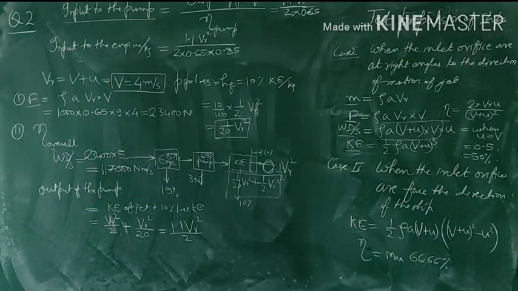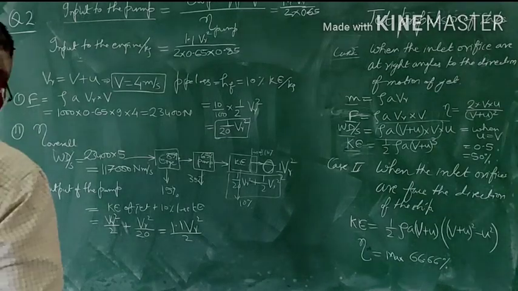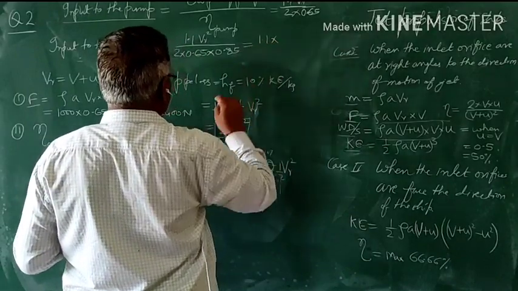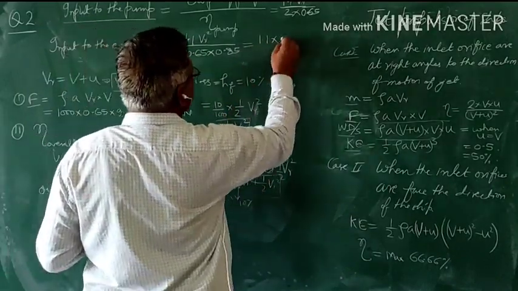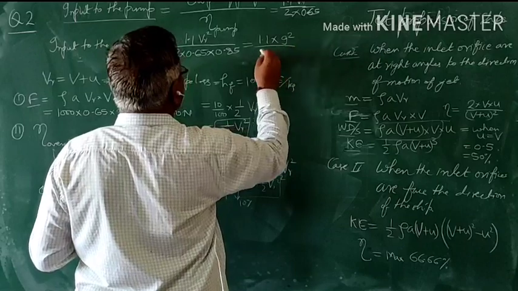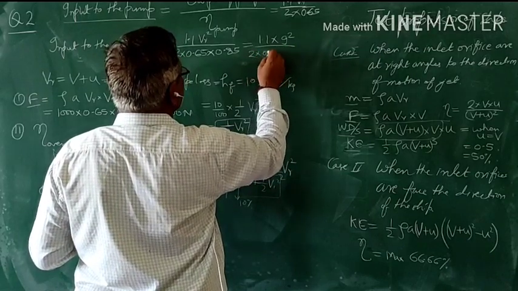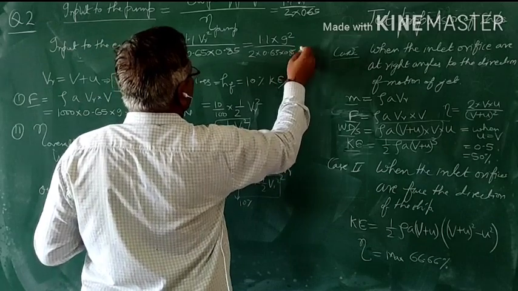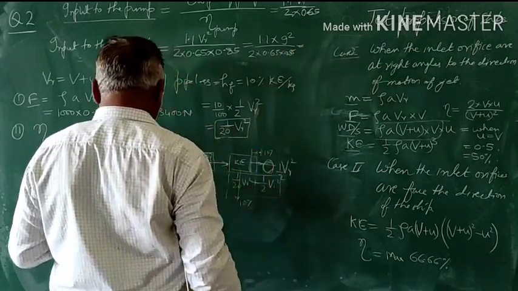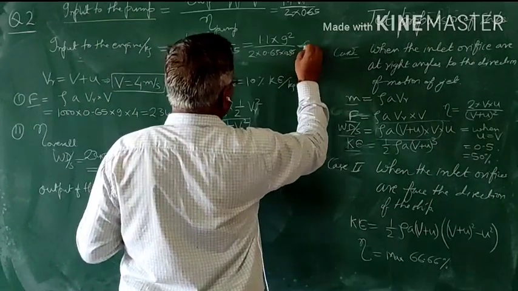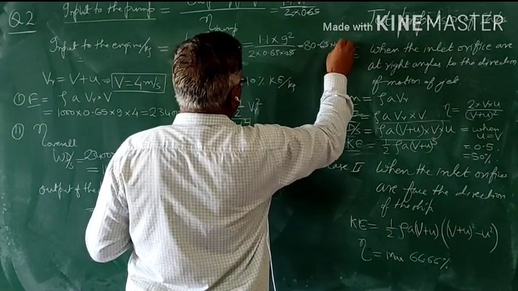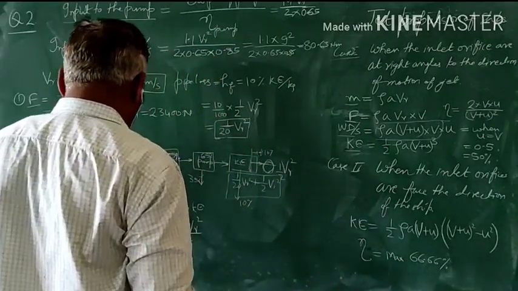Now to find out the input to the engine, we will substitute the values here. It is 1.1 into Vr, that is given as 9 meter per second. So 9 square divided by 2 into 0.65 into 0.85. So it comes out to be 80.63 Newton meter per kg of water.